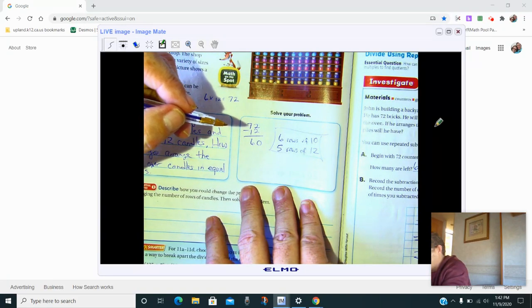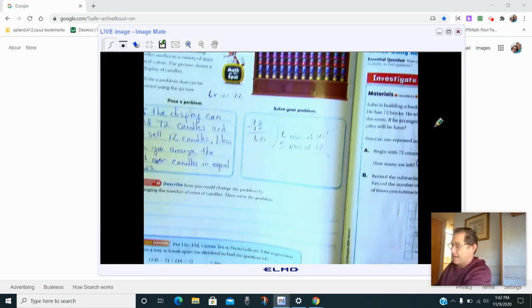Okay. How could you change the problem by changing the number of rows of candles? Solve the problem.